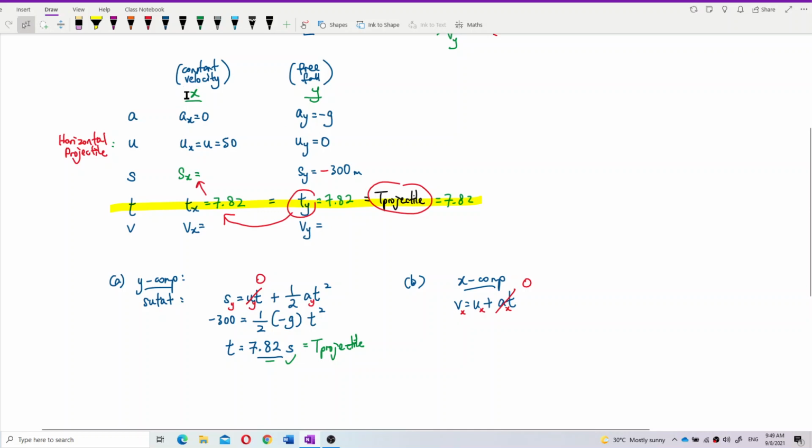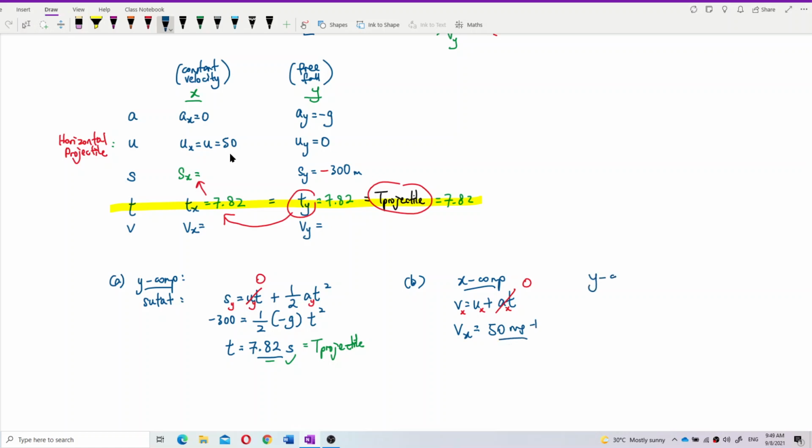Because the x component is always constant velocity. So the final velocity should be equal to the initial velocity. The initial velocity is 50. You see that? Just put 50 meters per second. Okay, that we got the x component.